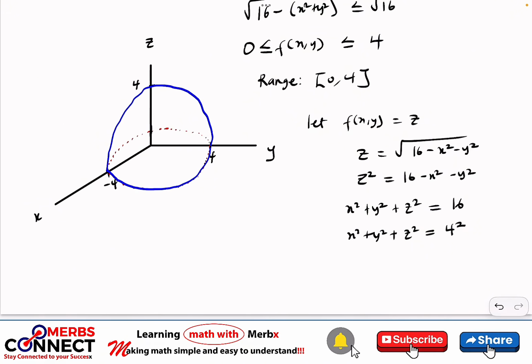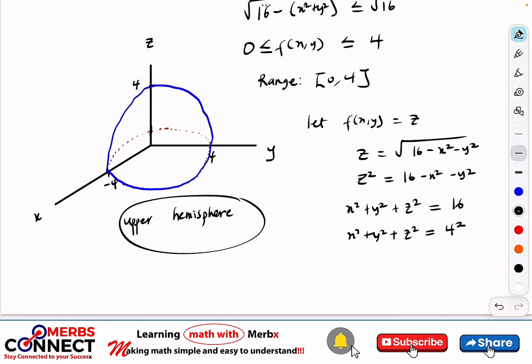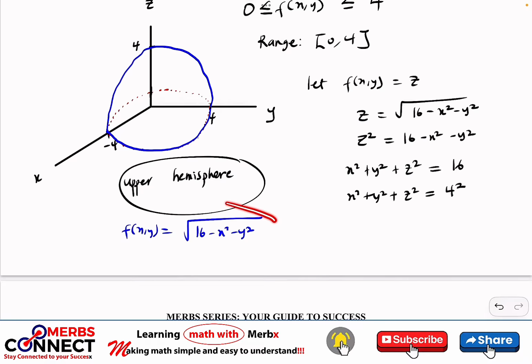Now, what is the name of this graph? This is the upper hemisphere. So this graph that we have here, we call it the upper hemisphere. So pay attention. Anytime you are working with objective questions and you have something like f of x, y is equal to the square root of 16 minus x squared minus y squared, you should be able to know that this is going to give us the upper hemisphere.